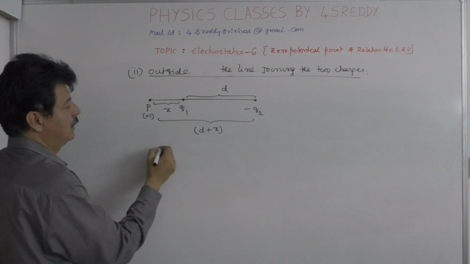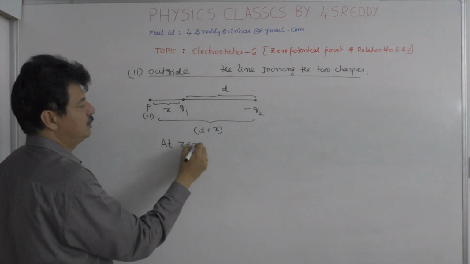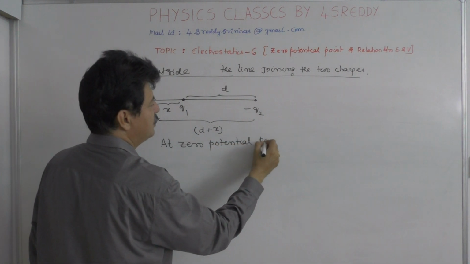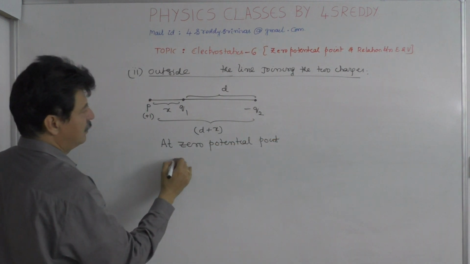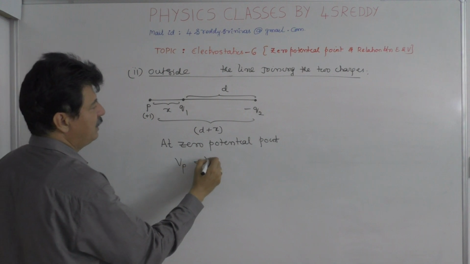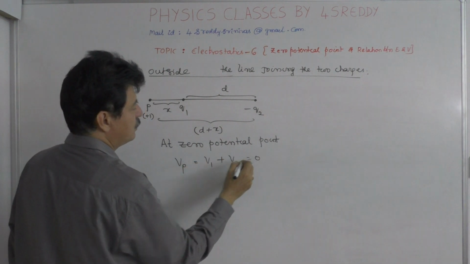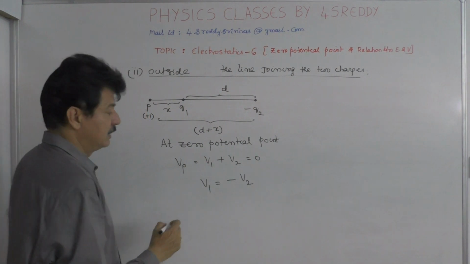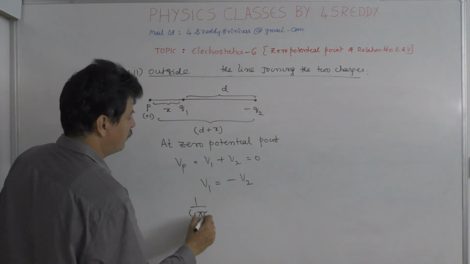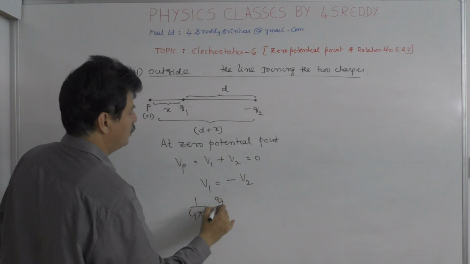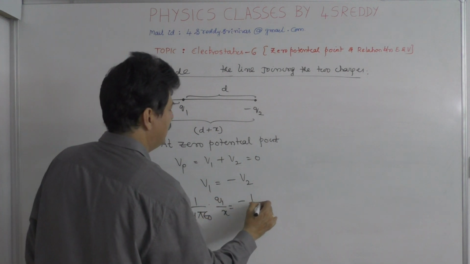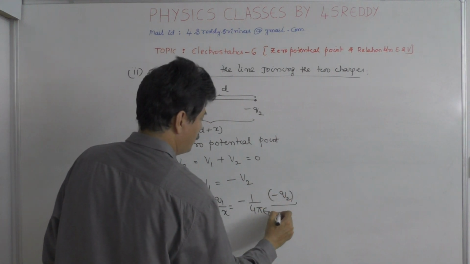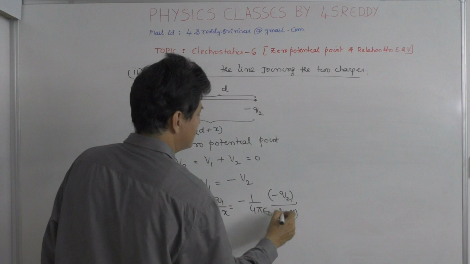Therefore, at zero potential point, that is at P, V1 plus V2 should be equal to 0, or V1 is equal to minus V2. We can write 1 by 4 pi epsilon naught Q1 by x is equal to minus 1 by 4 pi epsilon naught times minus Q2 by d plus x.